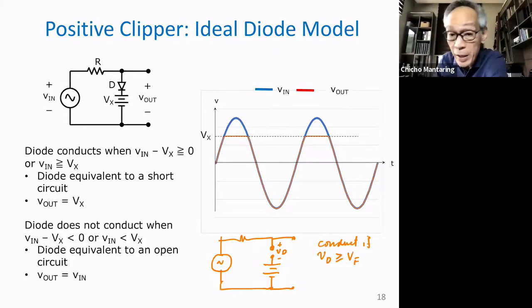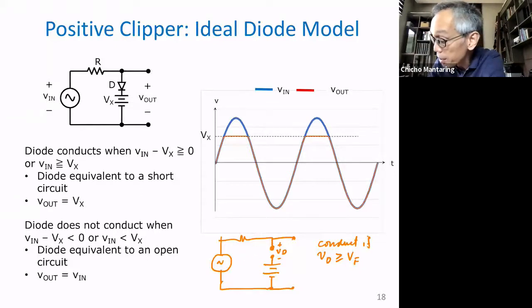Okay. But in this particular circuit, what is VD? No? I don't have any current flowing. Kasi open circuit to, open circuit yan, open circuit din to. I don't have any current flowing. So wala akong voltage drop dito.